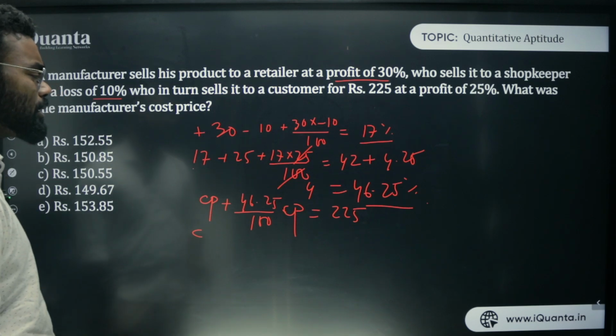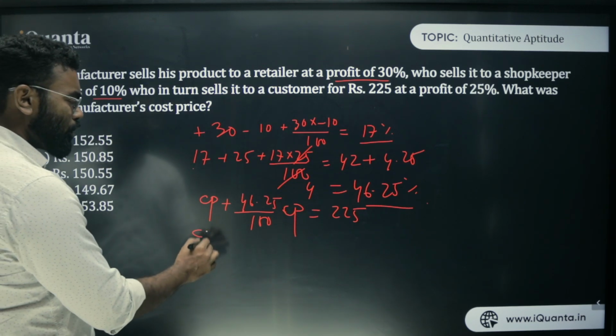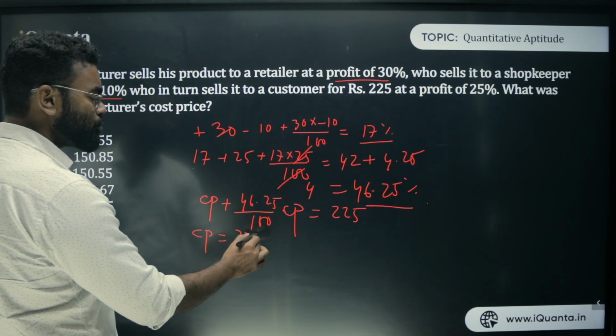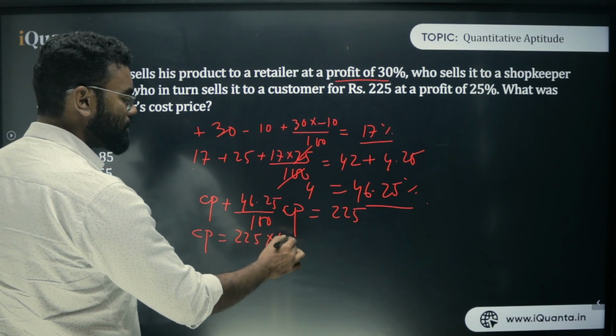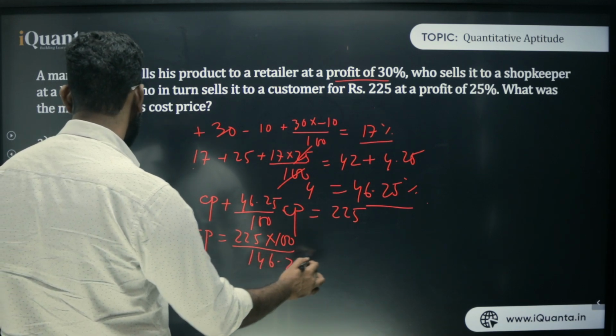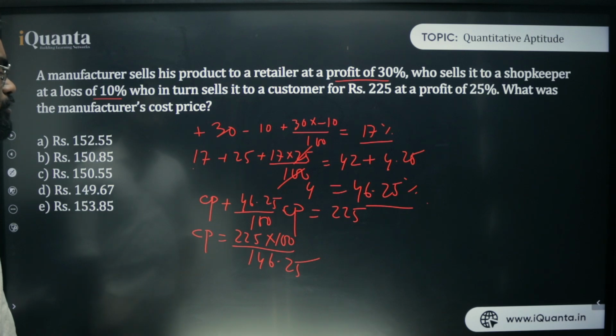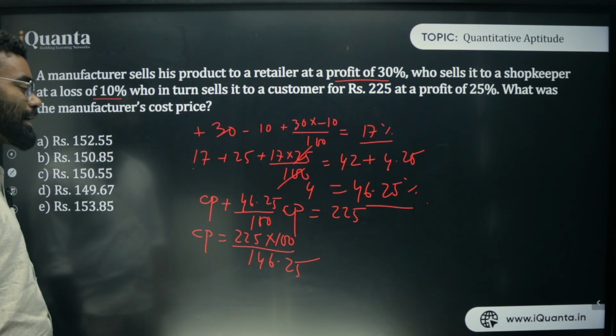What is 46.25? So I can write cost price is nothing but 225 into 100 upon 146.25. So if you solve this, you'll get your answer directly, what exactly your cost price is.